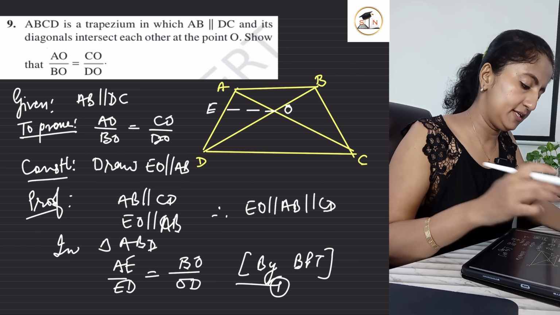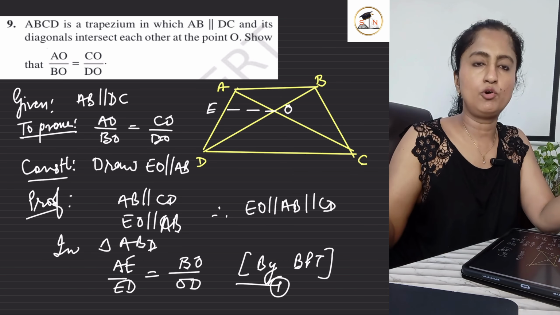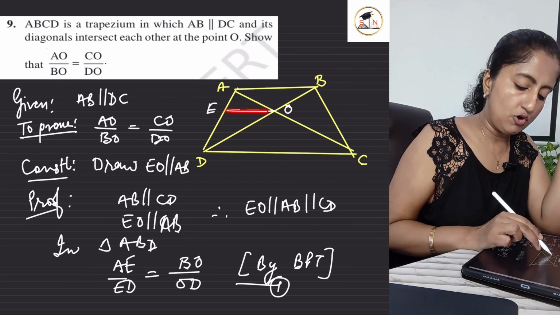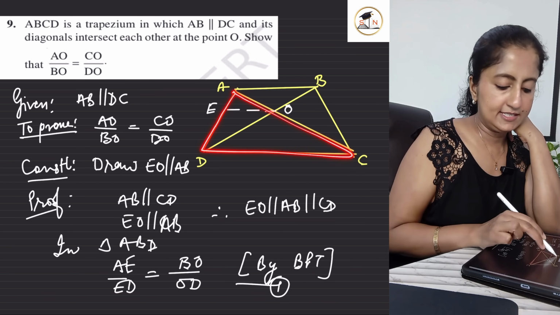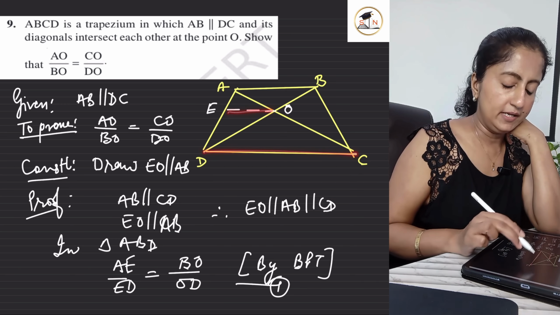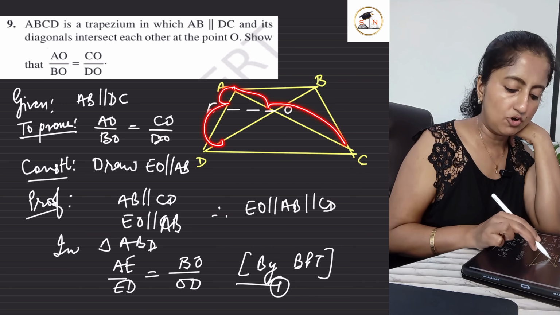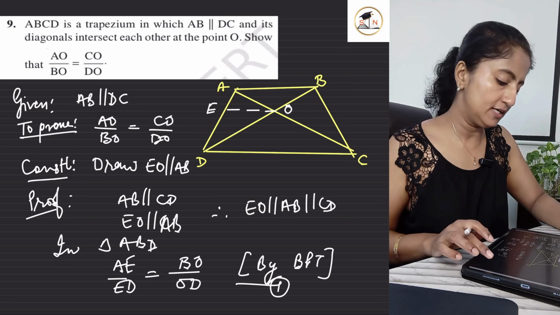Okay, what is going to be the next step? EO is a small line we have not drawn for the whole trapezium. So EO is also a part of another triangle. EO is a part of triangle ADC as well, right? Now, when EO is parallel to CD, we get these two sides also in proportion. Okay, so we are going to use that.